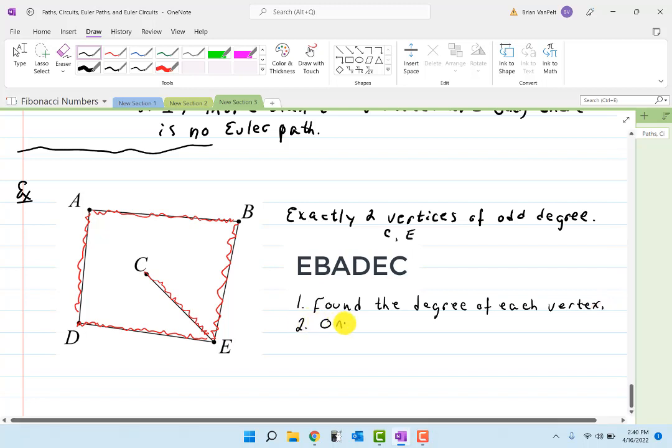There is an Euler path only when there are exactly 2 vertices of odd degree, according to the theorem.